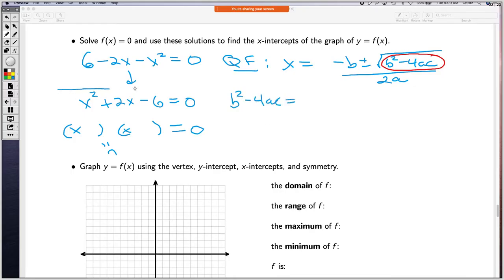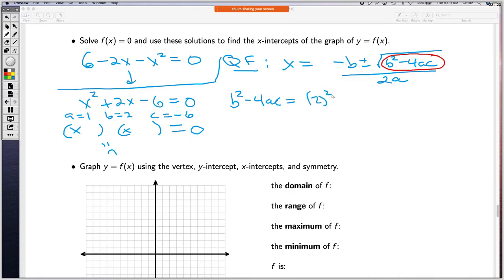In this particular case, the a is a positive 1, the b is the 2, and the c is the negative 6. So in solving this equation, I'm going to use this for my a, b, and c.